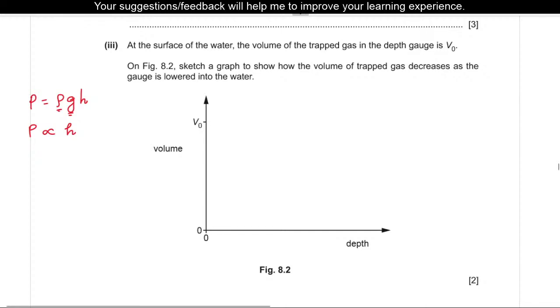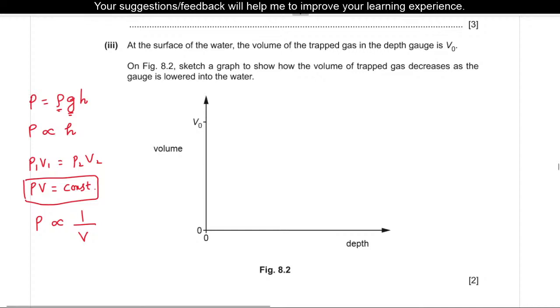Secondly, as the temperature is constant, it is stated in the above part that the temperature does not change, it means that P1 V1 is equal to P2 V2, or we can say that PV is equal to constant. This equation tells you that pressure is inversely proportional to the volume. Now, pressure is directly proportional to h and pressure is inversely proportional to the volume.